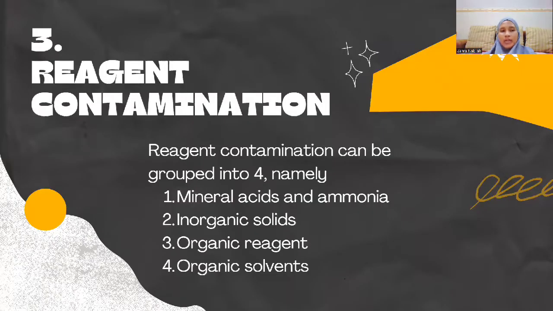Next, number 3 is reagent contamination. Reagent contamination can be grouped into 4, namely, number 1, mineral acids and ammonia. Mineral acids and ammonia contain certain amounts of metals.